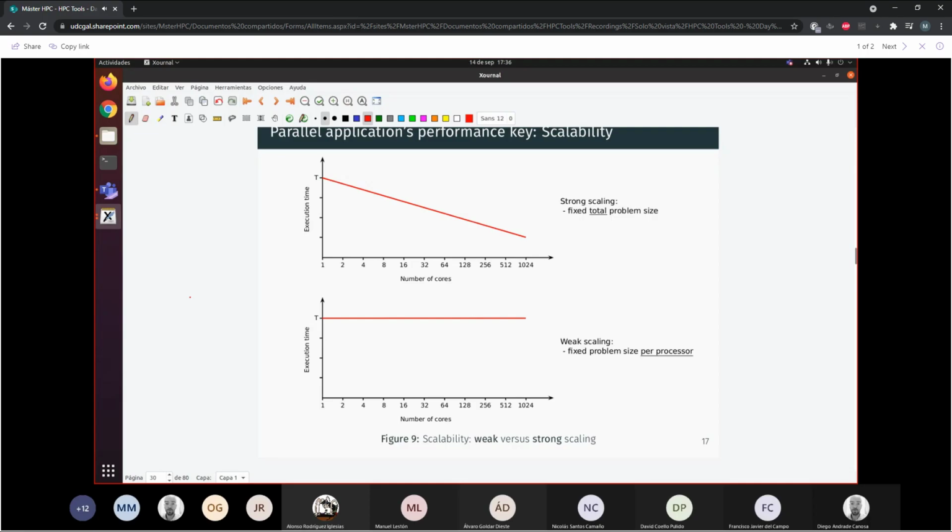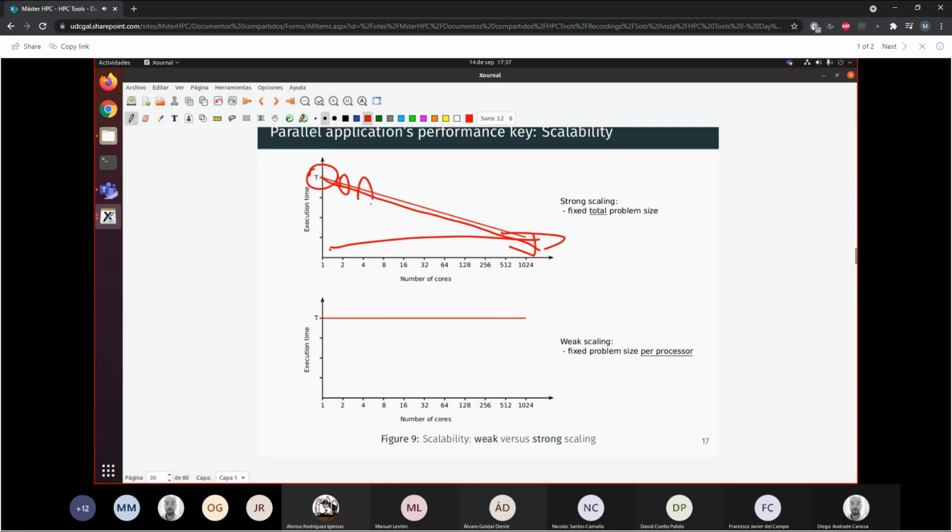Using 2 cores, I get a smaller time, okay? Using 4 cores, a much smaller time, and so on. So this is called a study of strong scaling. Why? Because the problem size is always the same. So as we put more cores to collaborate, more workers to collaborate, the time is supposed to reduce.